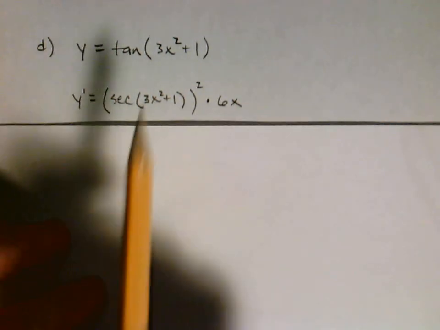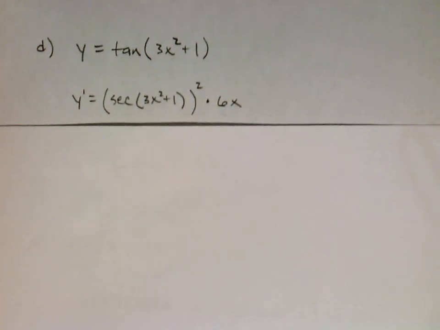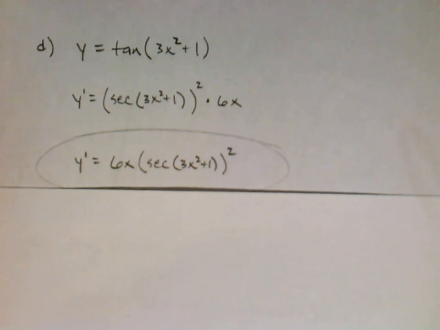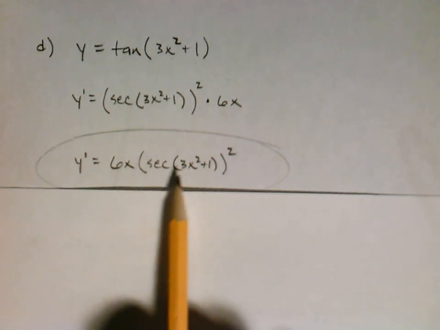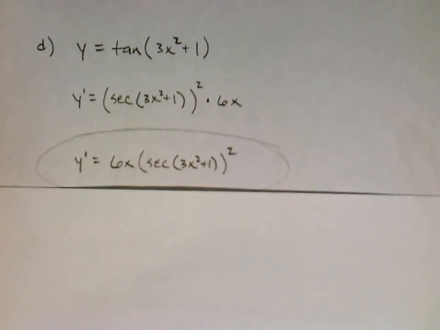Then I need to multiply by the derivative of my inside. Well, that's 6x. So there I have it. I'd probably want to write this with the 6x in front. Looks a little bit nicer that way. So there's my final answer, 6x times the secant of 3x squared plus 1, all of that squared. There you go.